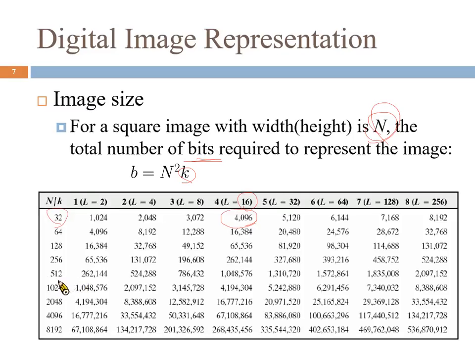And for a 512 by 512 pixel image, if we allow 16 gray levels, we will need this many bits to store this image. Okay, this is quite reasonable because when the image is larger, we need more bits to store it.